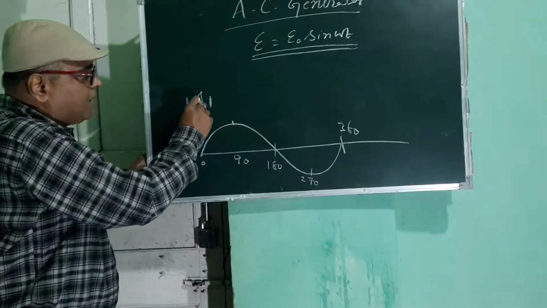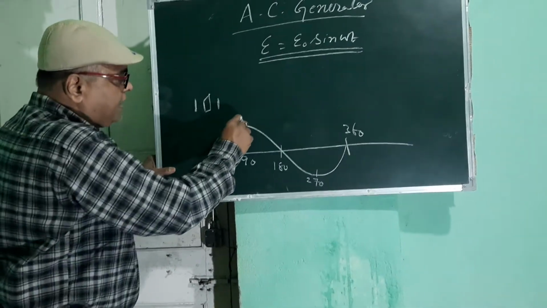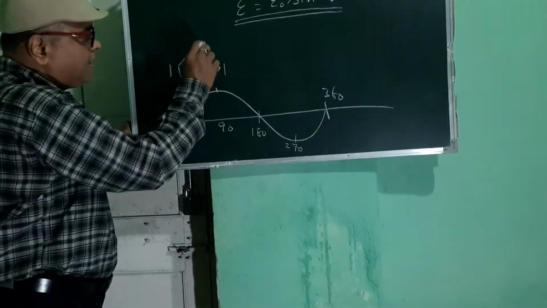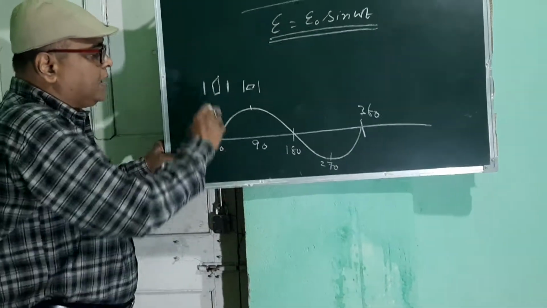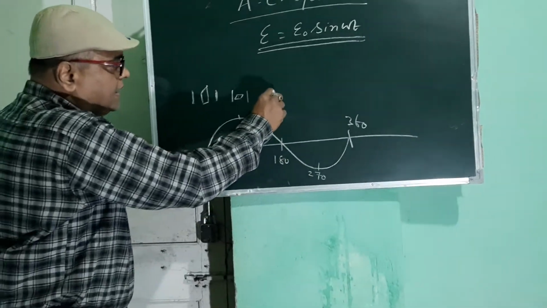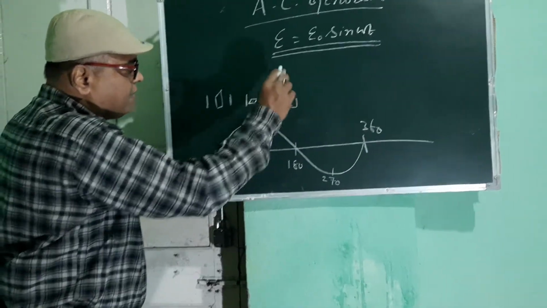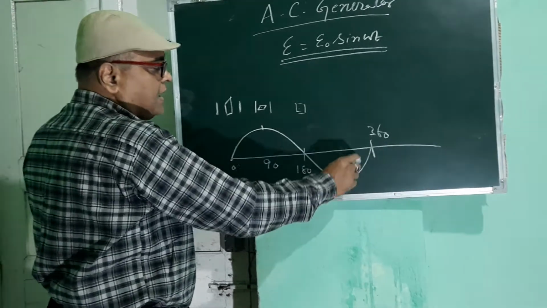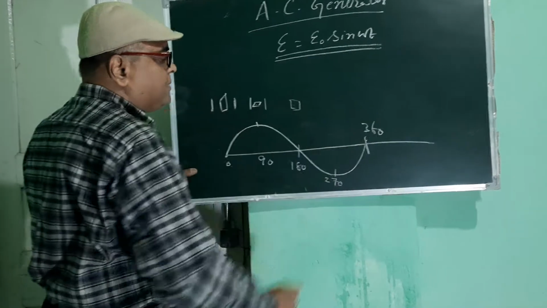In the next case, the armature will be parallel to the magnetic field. Here it is perpendicular, here it is parallel. Again perpendicular, then parallel, and then perpendicular.